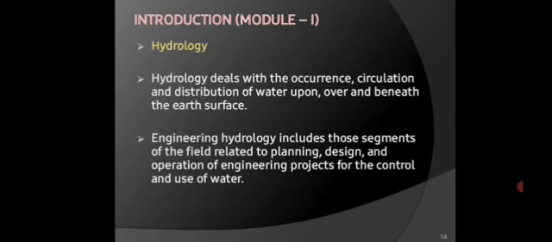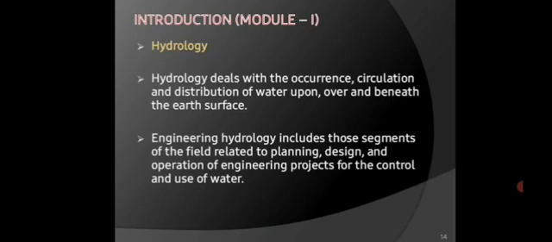So hydrology is all about the water cycle. The hydrological cycle is nothing but the water cycle. So how water comes to the earth and goes back to the atmosphere. This is, in simple words, hydrology.